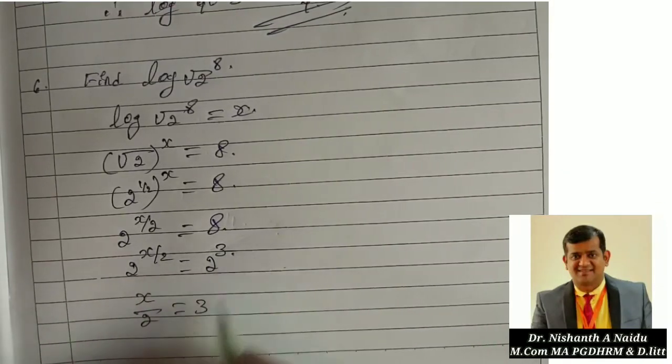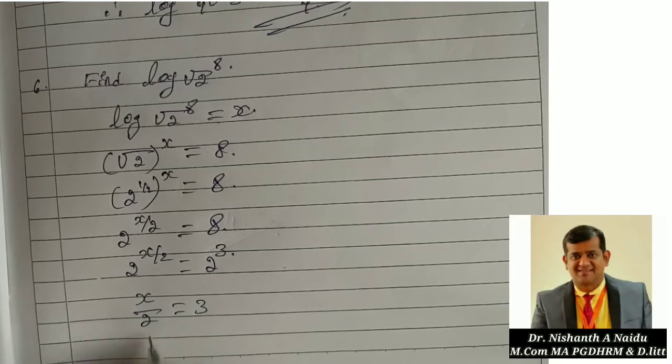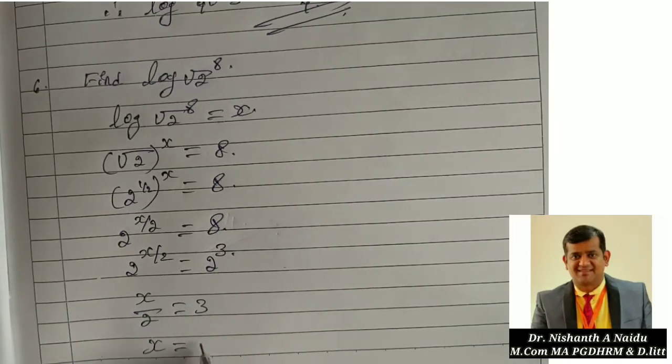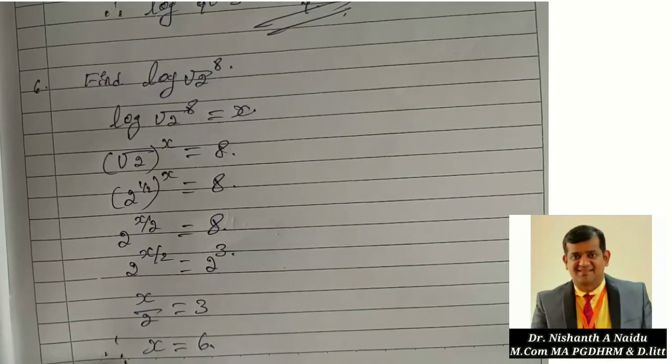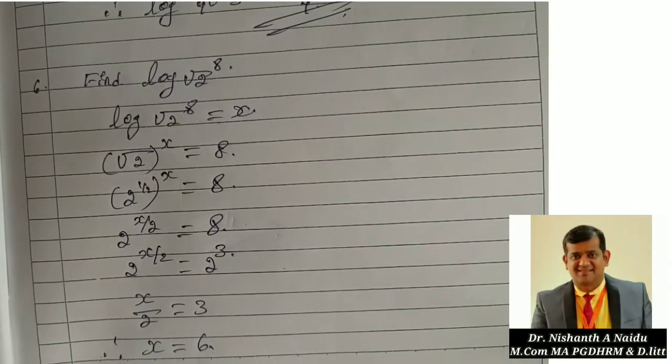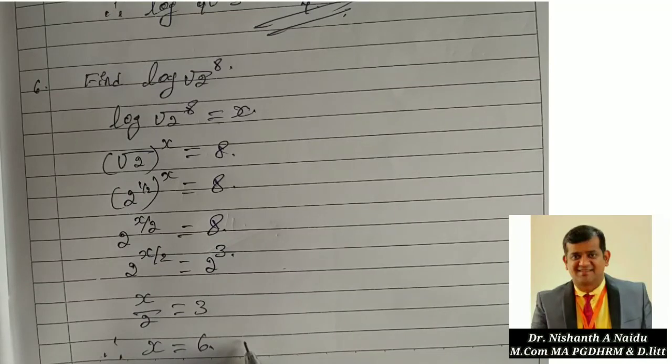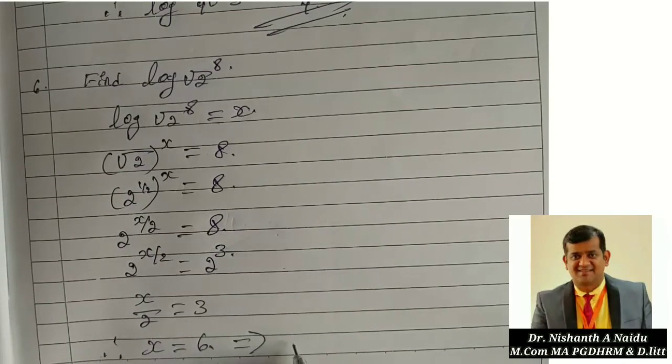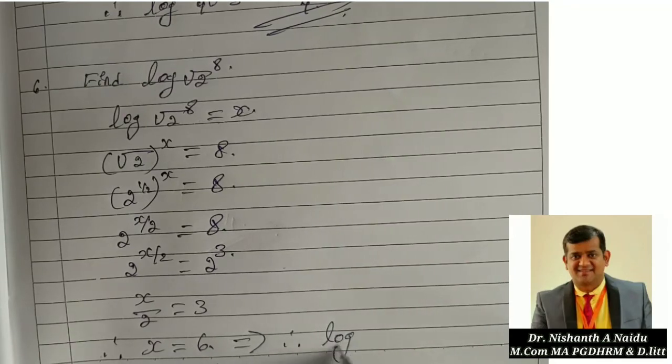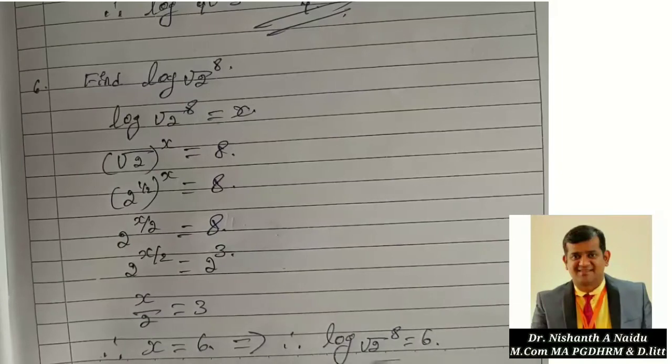When bases are same, powers can be equated. So 2 3s are 6. So x equals 6. Therefore, log root 2 to the power 8 equals 6.